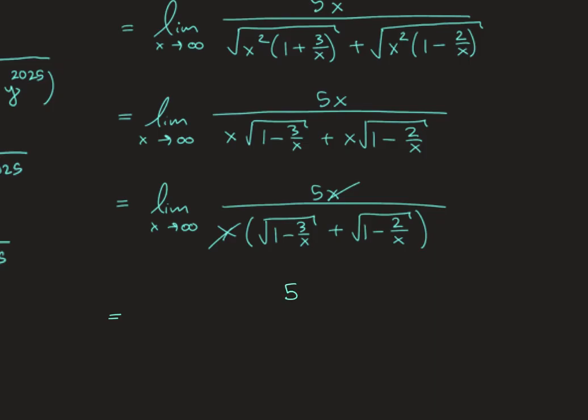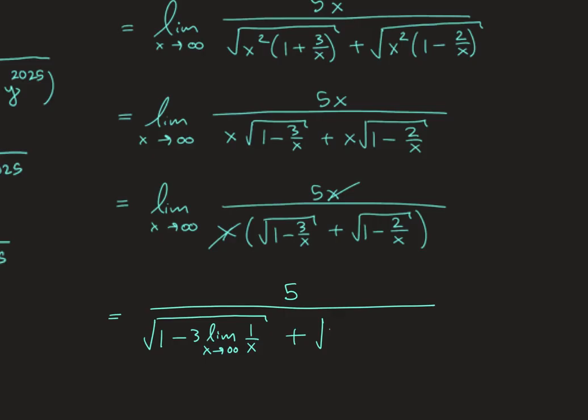In other words, what I have is 5 divided by the square root of 1 minus 3 times the limit as x approaches infinity of 1 over x, all right? Plus the square root of 1 minus 2 times the limit as x approaches infinity of 1 over x.